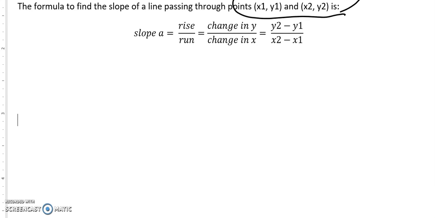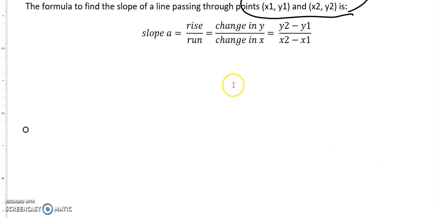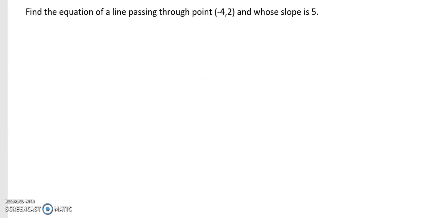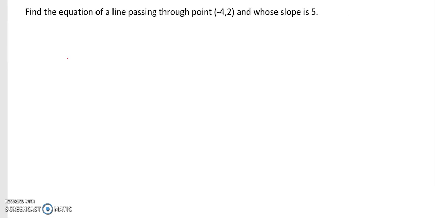So for example 1, let's find the equation of a straight line passing through the point minus 4, 2 and whose slope is 5. We need to find the equation of the line. So we know only one point now. We know one point and then we know the slope. Okay, let's see how to do this.